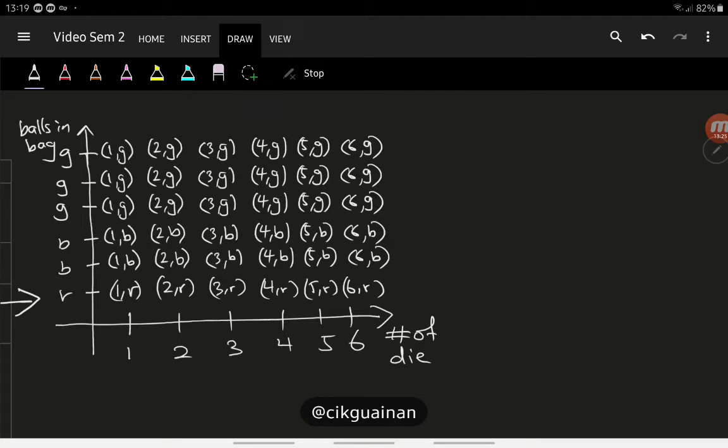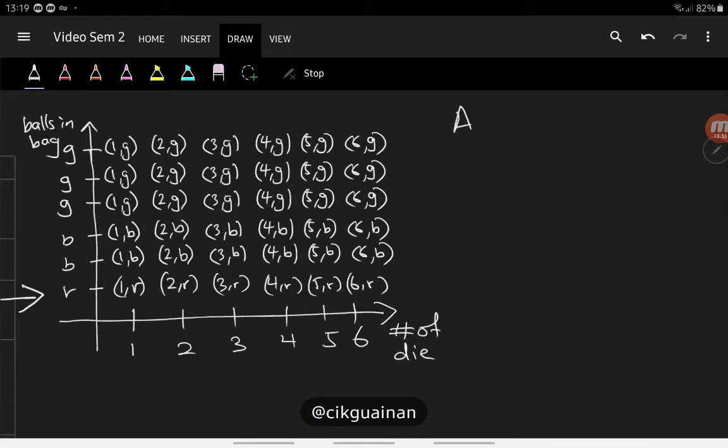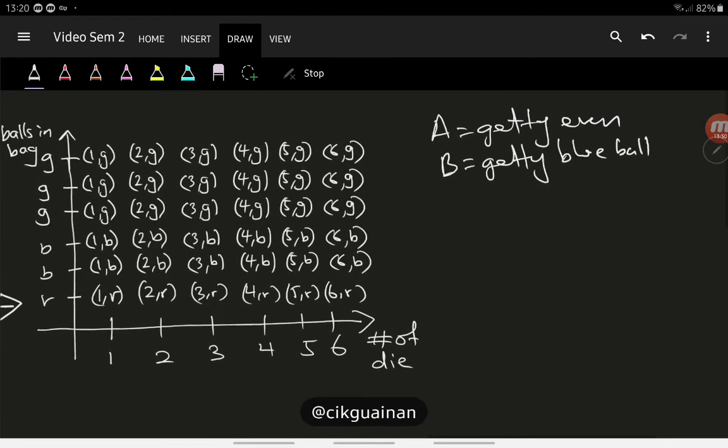Sorry. So let's consider the same events from example 1 and example 2, which are A, getting even, and B, getting a blue ball.